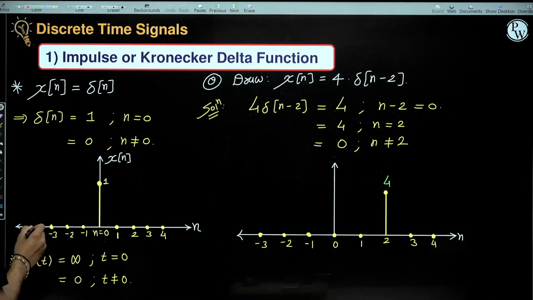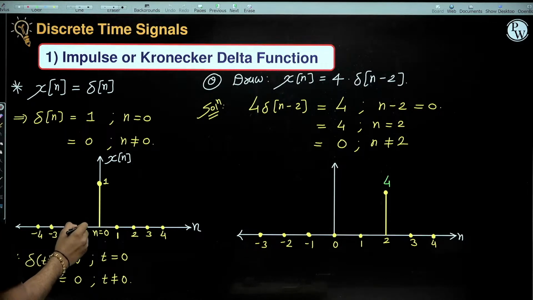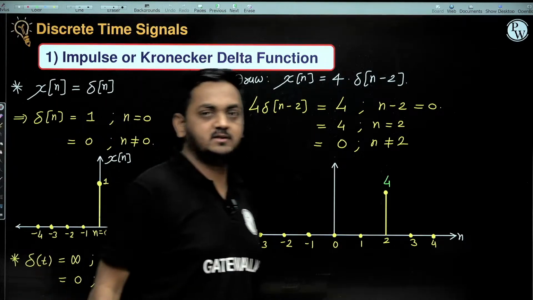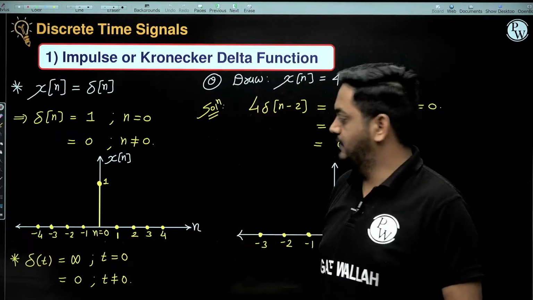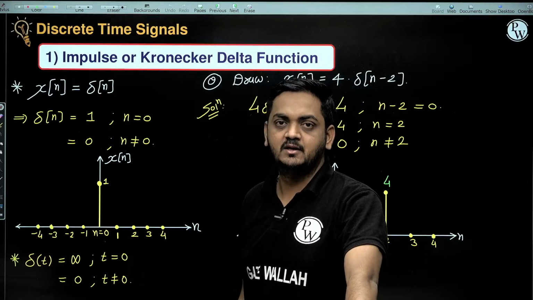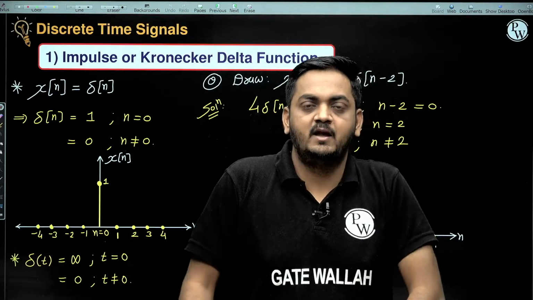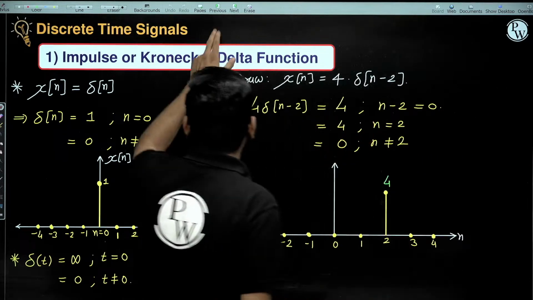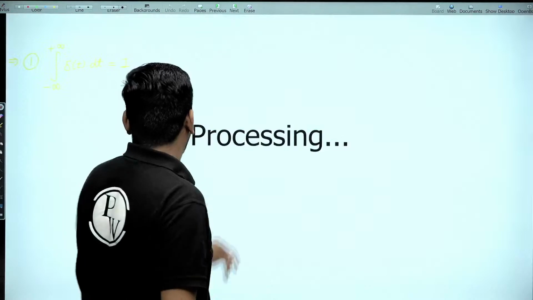So here amplitude 0, 0, 0, 0, here 1, 0, 0, 0, 0. If you do the summation of all the amplitudes of the samples, tell me what will be the summation? Yes, very good, guys. 1.